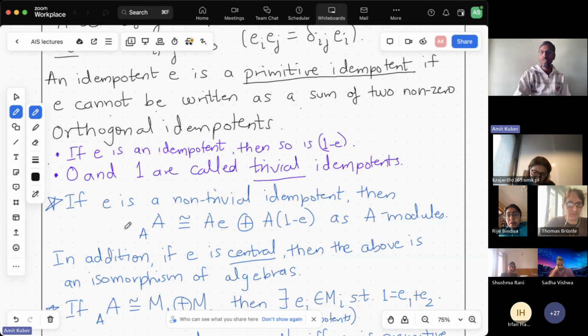Otherwise, we will mostly be concerned with this kind of decomposition, where we think of A as a left module.